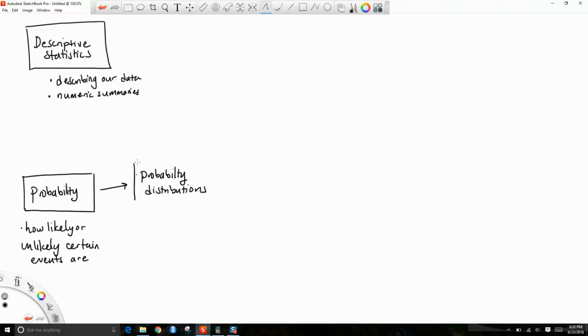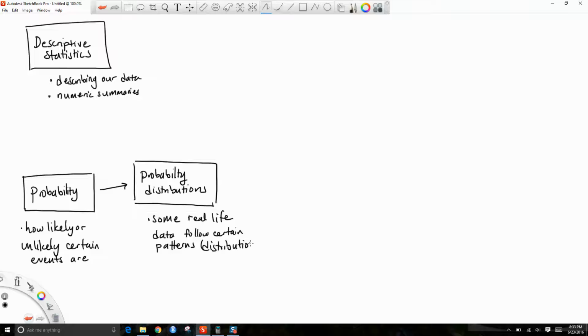Okay. Sometimes situations or phenomena in real life follow expected patterns, okay? So some real life data follow certain patterns, or we might call them distributions. Okay? And probability distributions will tell us how likely or unlikely certain values are.